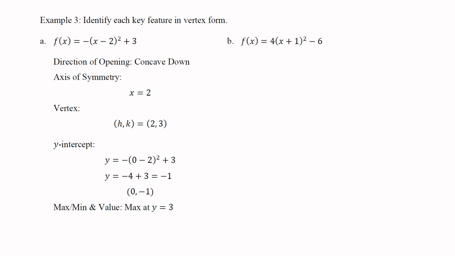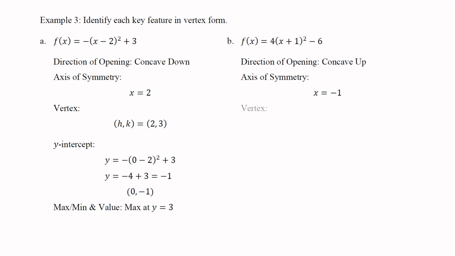In this function, we have concave up because the leading coefficient is positive. The axis of symmetry is your h value, so here it's x plus 1, which is the same as x minus negative 1. So h is negative 1, so your axis of symmetry is x equals negative 1.